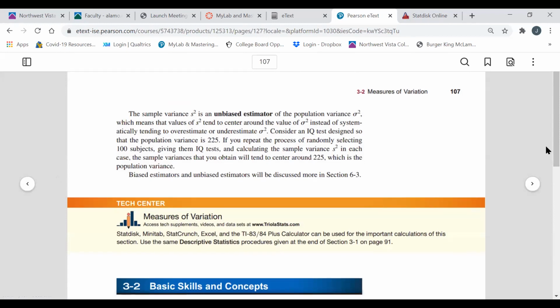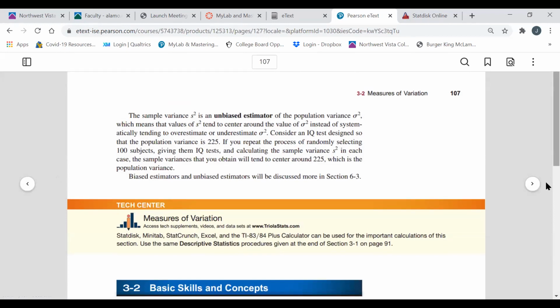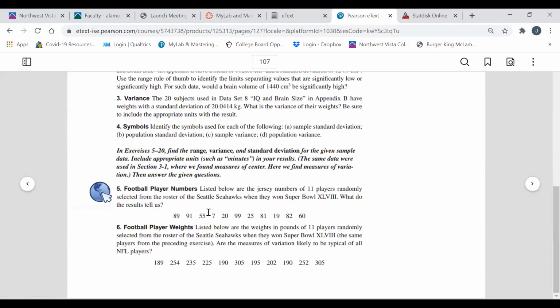You see, they're exactly the same problems, but this time it's asking you to find the range, variance, and standard deviation. So my advice: do problems 5 through 27, or 5 through 19, find all 7 things from 3-1, and then you won't have to do 5 through 19 in 3-2. You can just start with 21. Make sense?